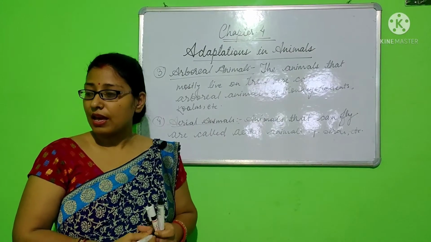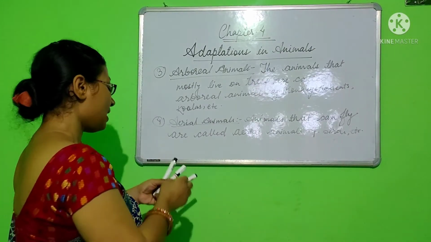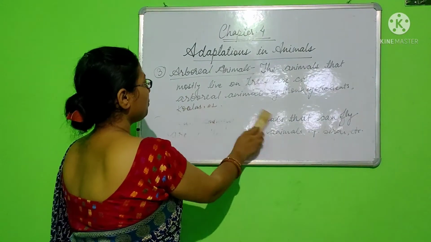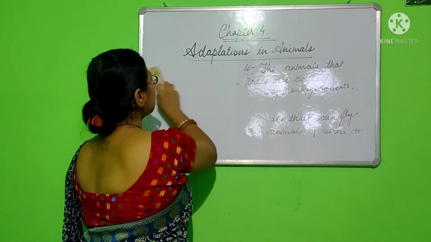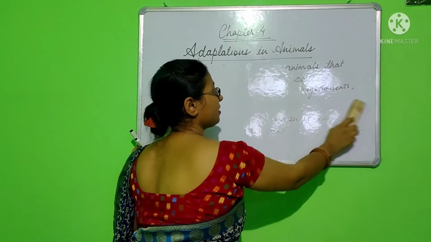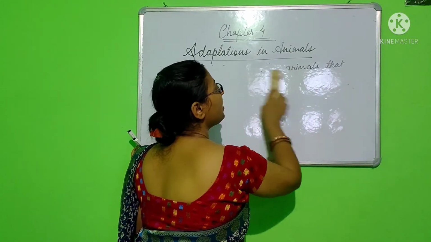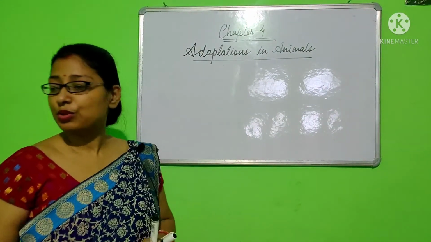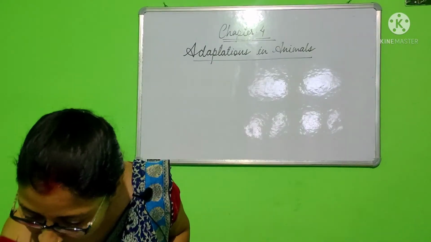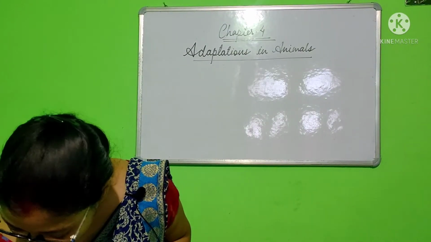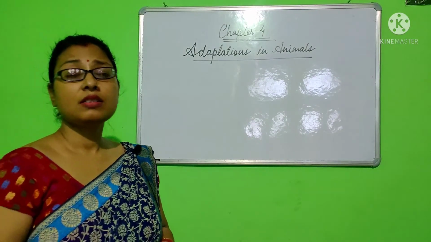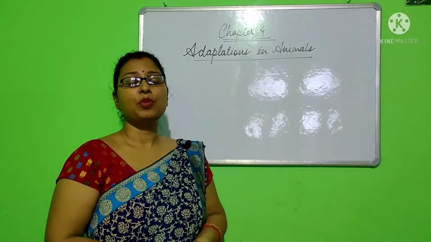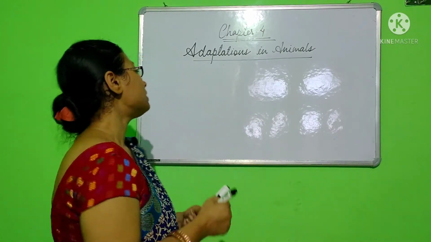Now we have the last type of animal. Let me show you what they are. Some animals live on land. Some animals live inside water. Some prefer to live neither in the air nor in the water. But there are some animals which prefer to live both on land and in water.